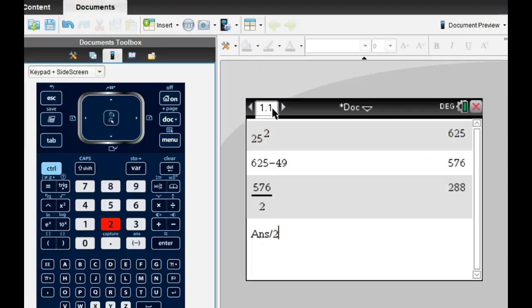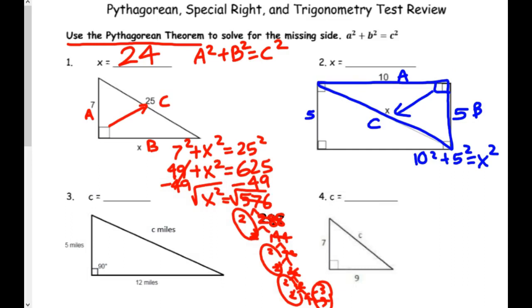Ten squared plus 5 squared we can do in one step. Ten squared plus 5 squared is 125. So 125 equals x squared. And then to get rid of the square, once again, we're going to do the square root.